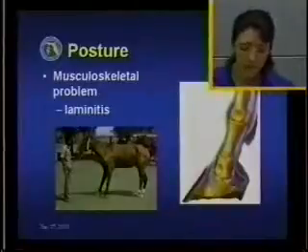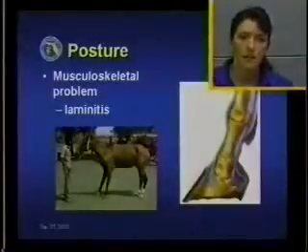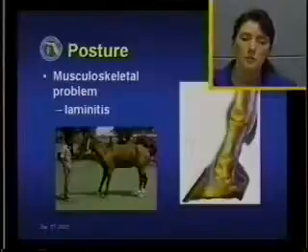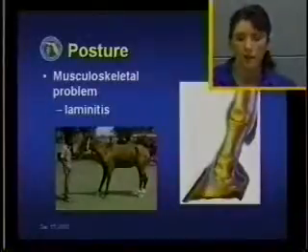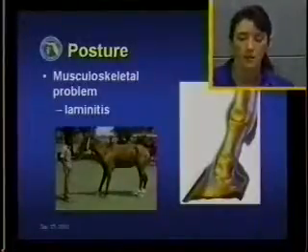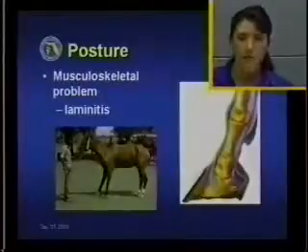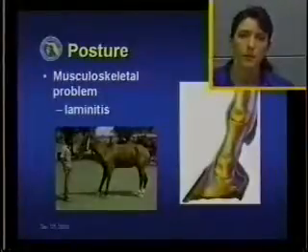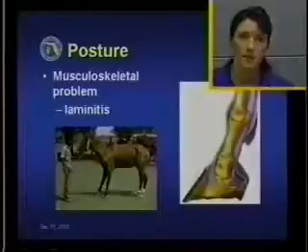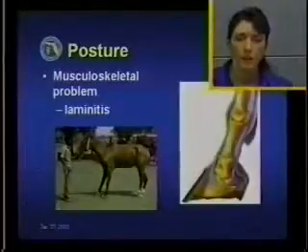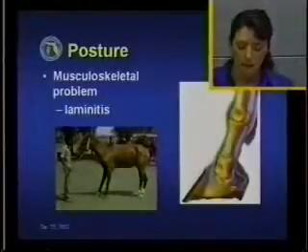This tissue can become inflamed relatively easily in association with diseases that include an inflammatory component, such as colitis, metritis, or pleuropneumonia. Very often, laminitis will be the consequence of a severe colitis, and we'll cover that in the intestinal part.